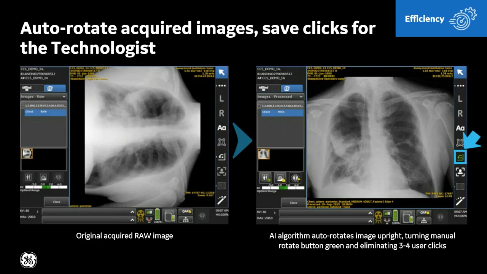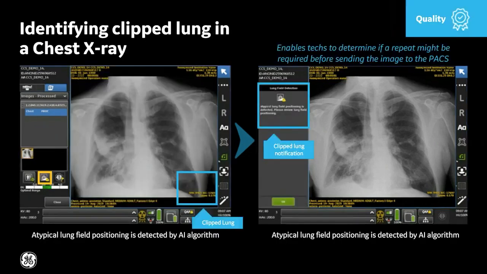Let's look at the quality bucket. In a fast-paced environment where a lot of chest X-ray examinations may be carried out, think COVID-19 times, an acquired chest X-ray image might have a clipped lung, as you see here in the image on the left. The bottom right is clipped.